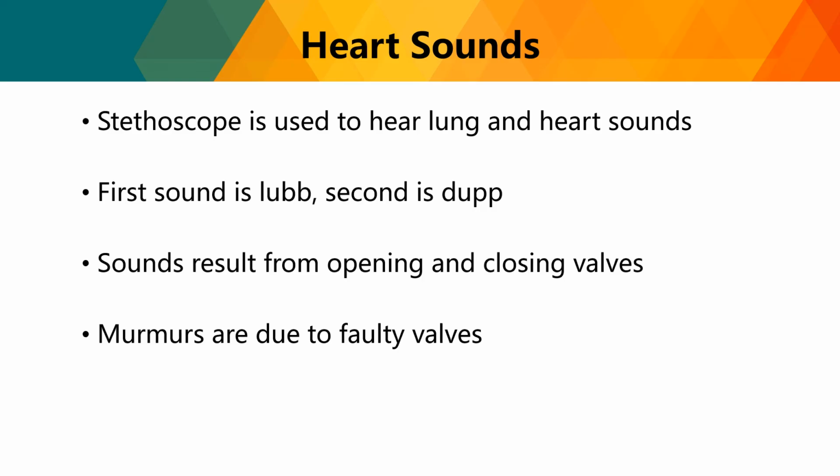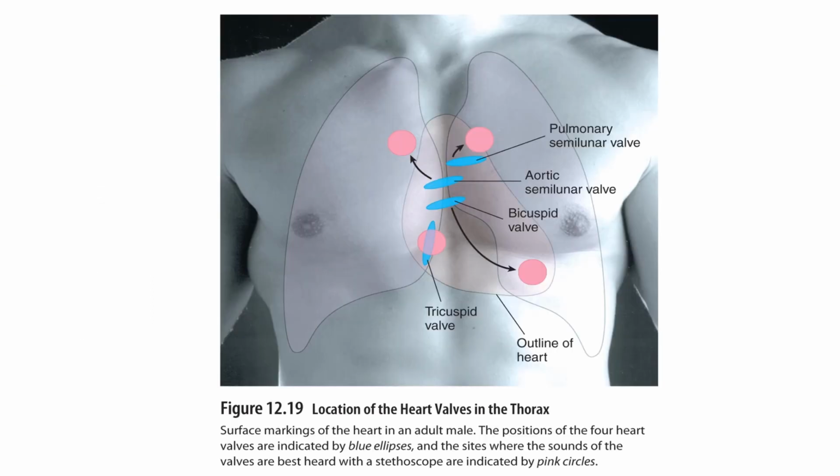So again, for the heart sounds, we use the stethoscope to hear the lung and the heart sounds. So the first sound is lub and then the second is dub. Sounds result from opening and closing of the valves and murmurs are due to faulty valves naman. Kapag may mga naririnig na pa konti-konting mga ibang sounds, okay, those are what you call the murmurs.